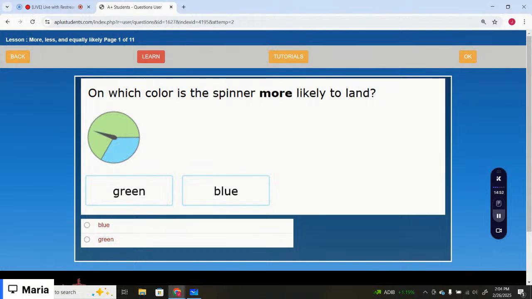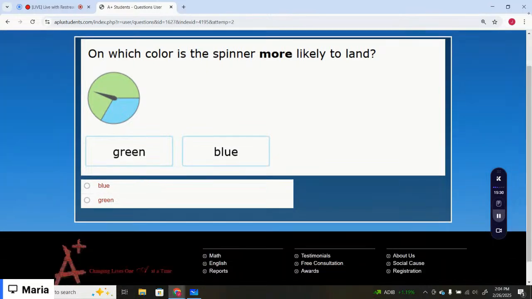So that means it will more likely land on green because most of the portion is green. So it will more likely land on green because the spinner has more green portion. Option 2 is the correct option.